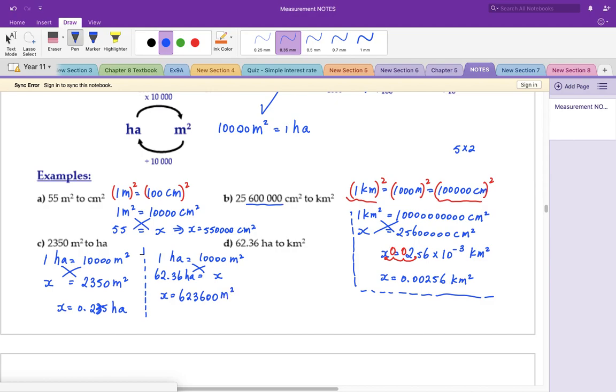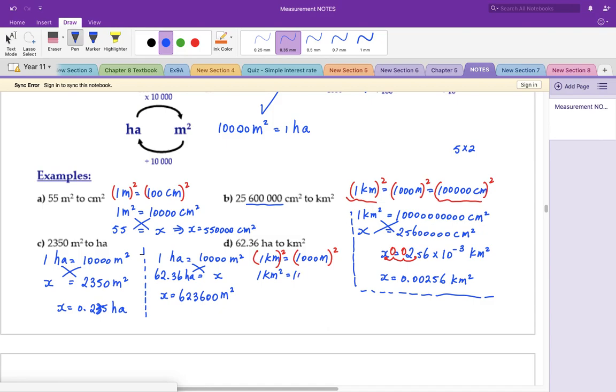But it wants me to find kilometers squared, right? So you need to do another conversion now. We know 1 kilometer is 1,000 meters. So square both sides. 1 kilometer squared is equal to, because there's 3 zeros, once I've squared it, it becomes 6 zeros, because 3 times 2 is 6, right?